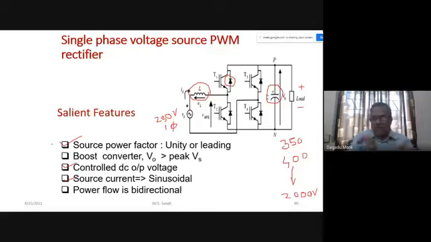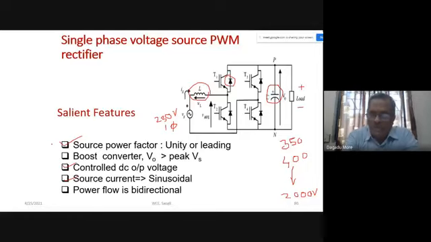So what is the drawback of this single phase voltage source PWM rectifier? It will not work in open loop. Our diode bridge and thyristor converter will work in open loop. Just give a particular alpha, and it will give the output. But in the case of the single phase voltage source PWM rectifier, it will not work in open loop.